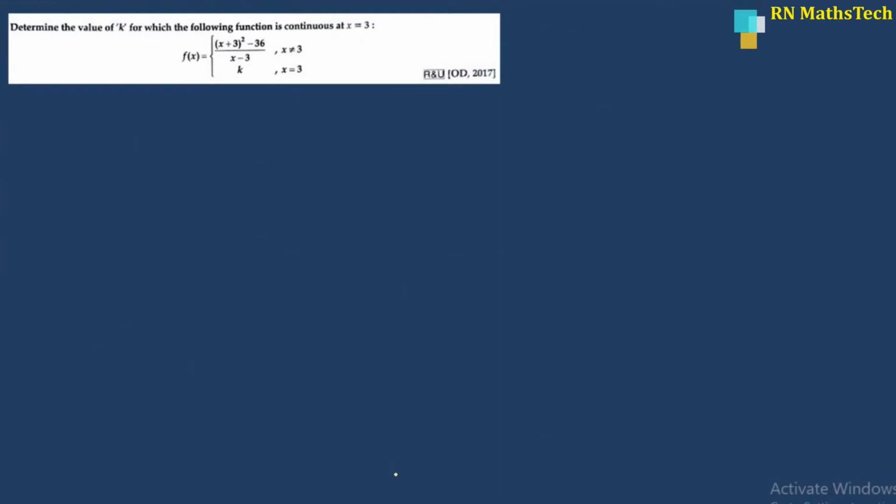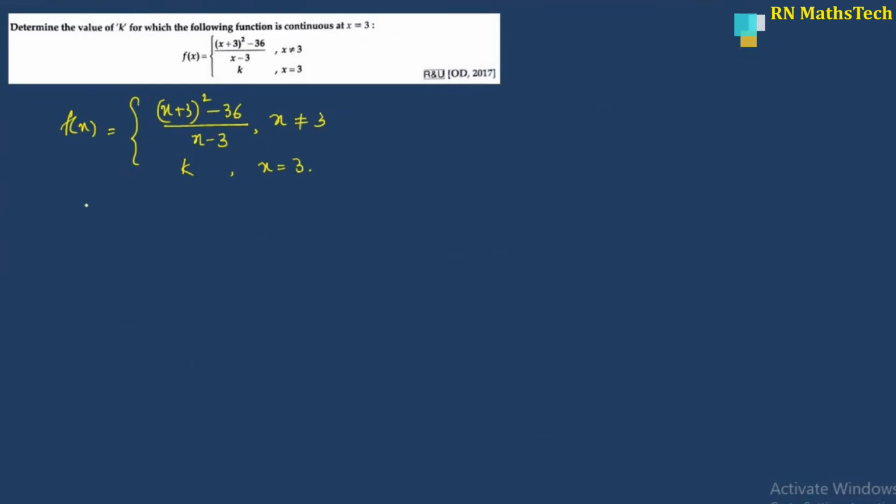Next one, determine the value of the constant k so that the following function, that is the function f of x defined by x plus 3 the whole square minus 36 divided by x minus 3, x not equal to 3, and equal to k when x is equal to 3, is continuous.